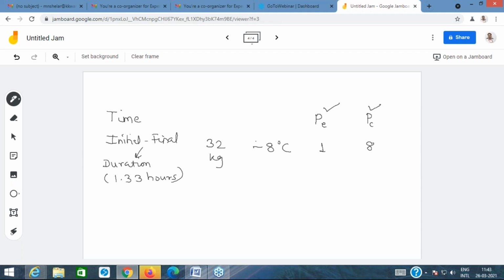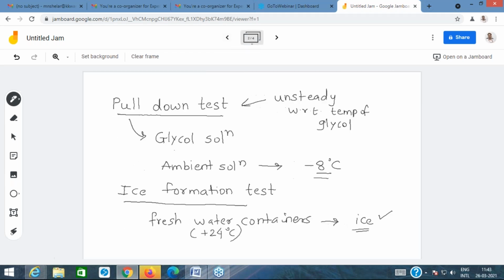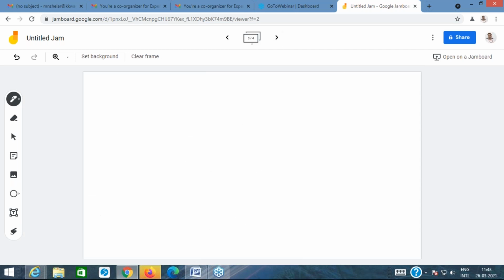So in the experiment, in the pull down test as well as the ice formation test, we would be using two methods to arrive at the performance. One is the experimental method where we measure the power consumption of the compressor by taking the energy meter reading.